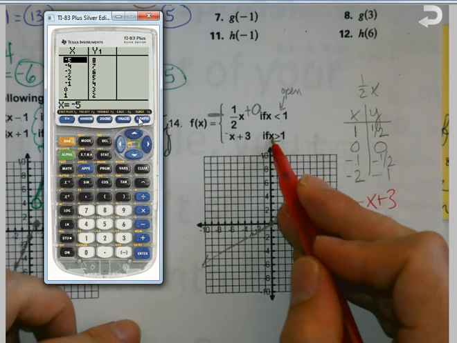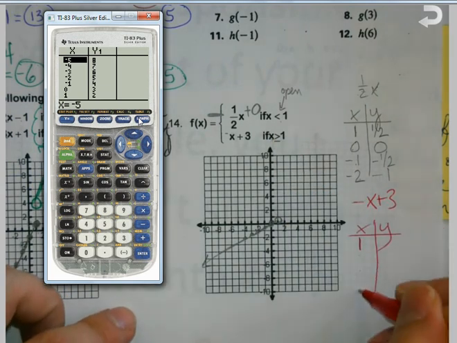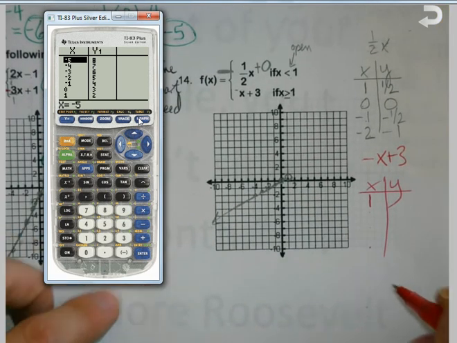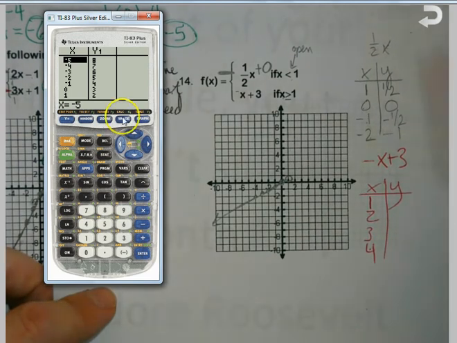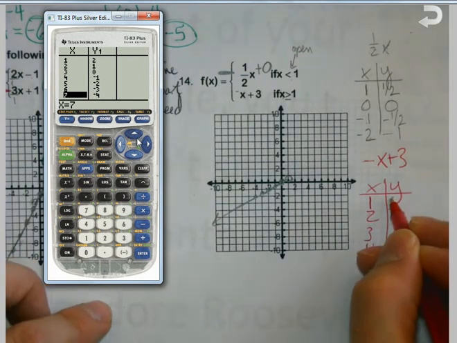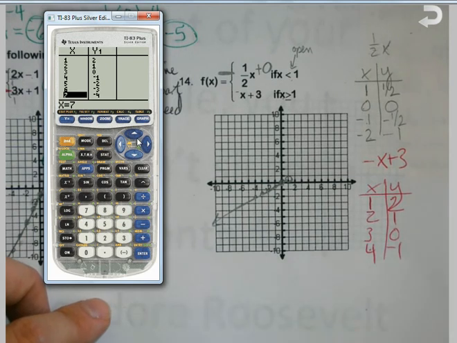If the values are greater than 1, what numbers should come next? We're looking for values greater than 1. Count up: 2, 3, 4. So let me get those up where I want to be able to see them. Now I know what numbers I want. I can just look at the screen: 2, 1, 0, -1. Okay, let's do this.